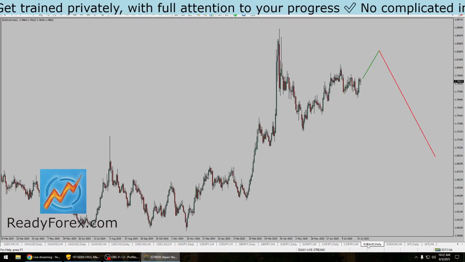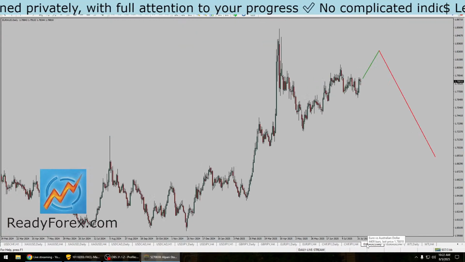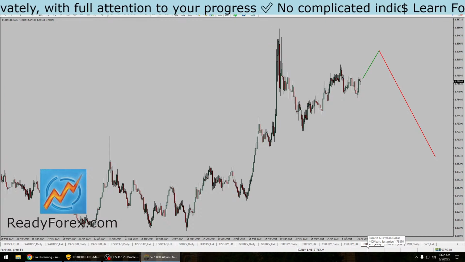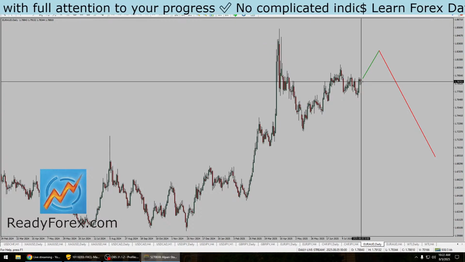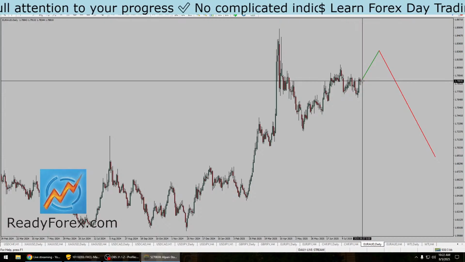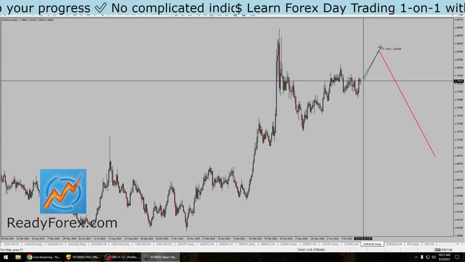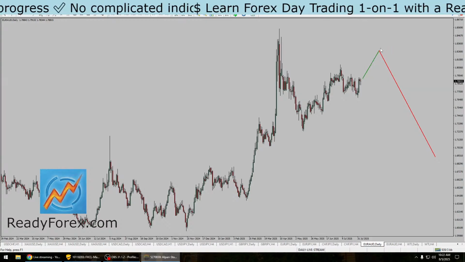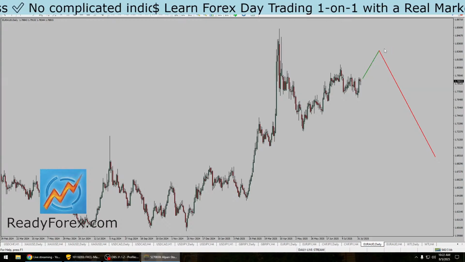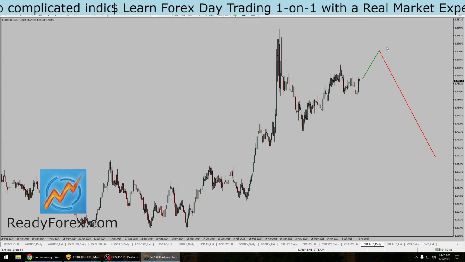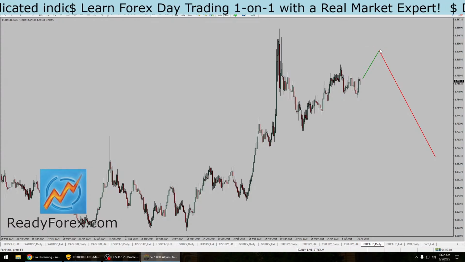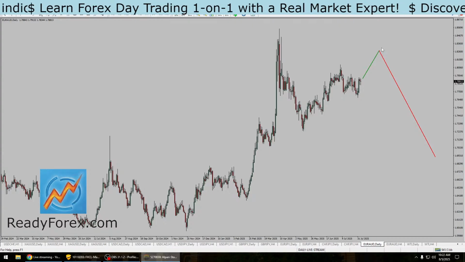Next one is the Euro AUD, so Euro versus Australian dollar currency. The way I see it, market is most likely going to show us a bullish leg over here in Euro versus Australian dollar. Then once the market completes this bullish leg, look for some kind of a top or a drop in price action.